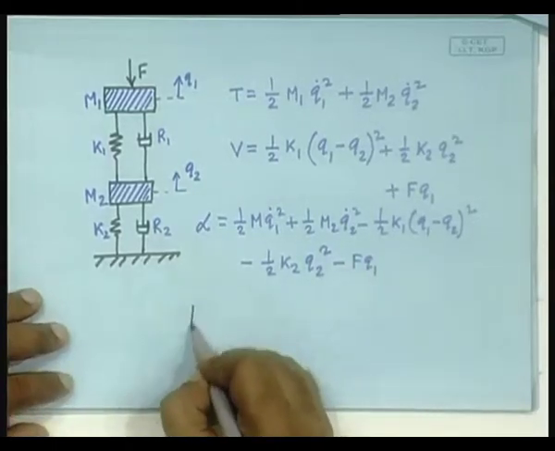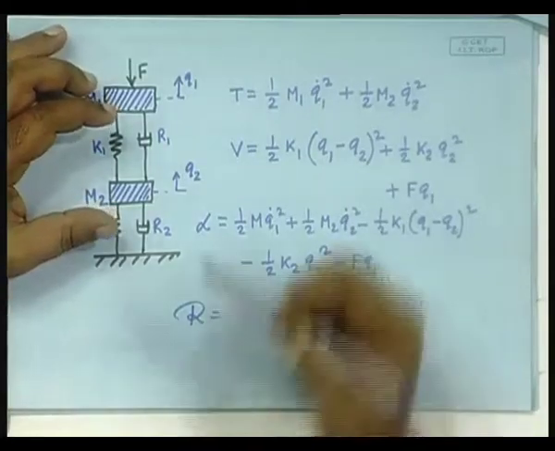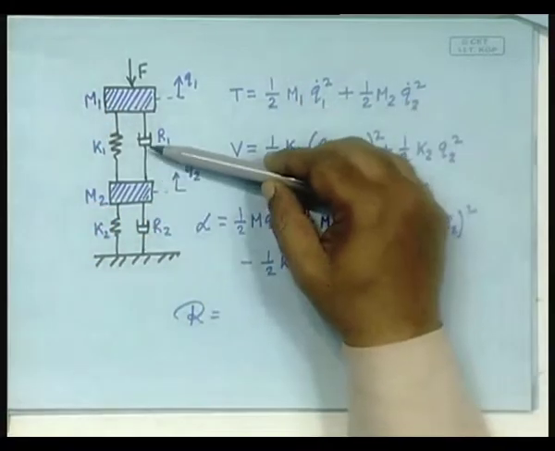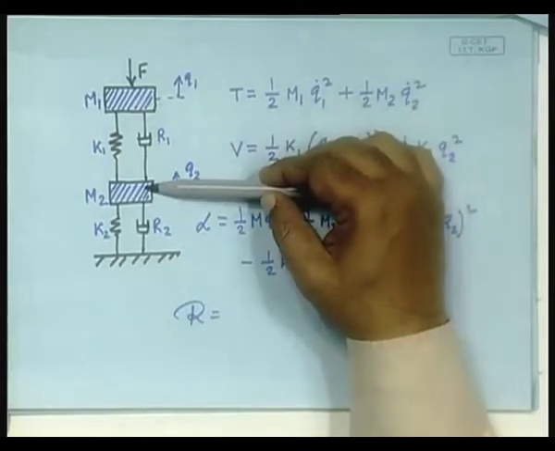Okay, now the Rayleigh function. What is the relative velocity experienced by this r? It is q1 dot minus q2 dot.